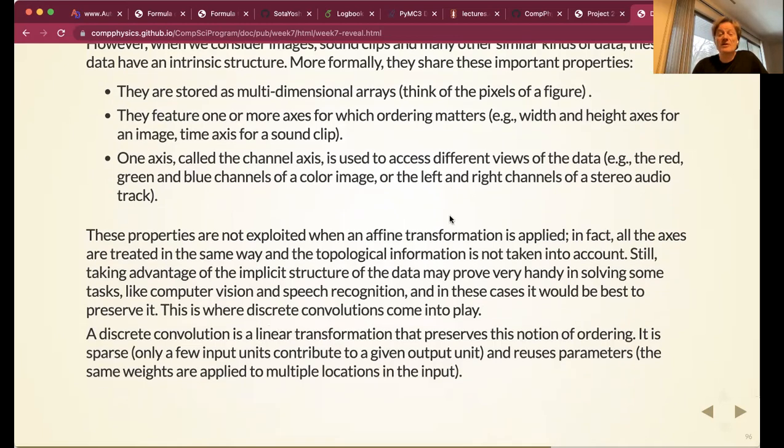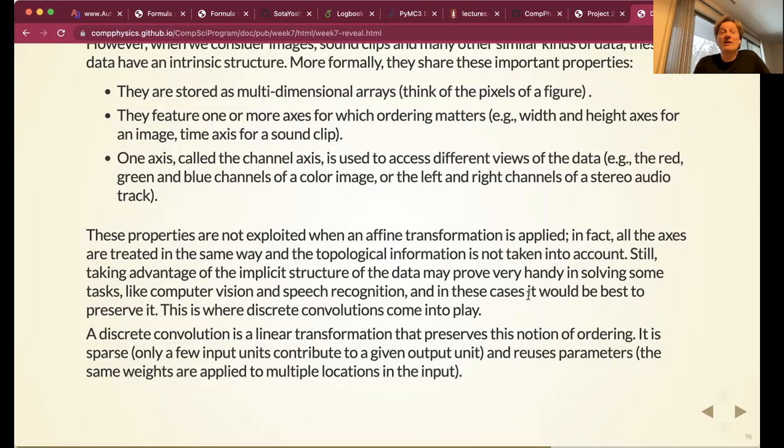These properties are not exploited in a standard feed-forward neural network. We treat all the axes in the same way, and the specific topological information is not taken into account in the procedure.